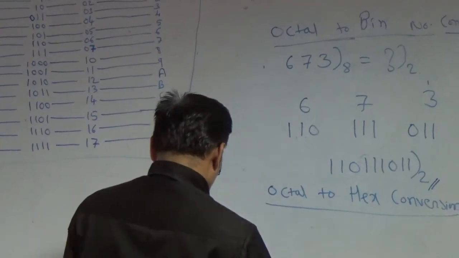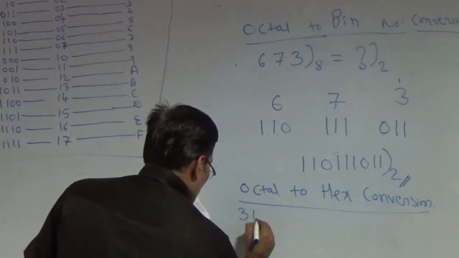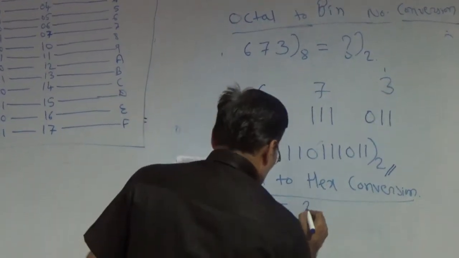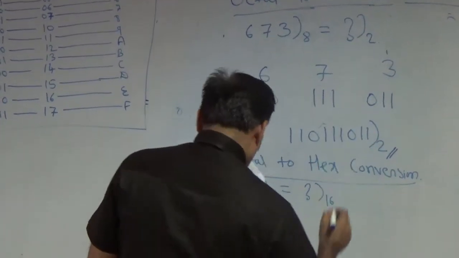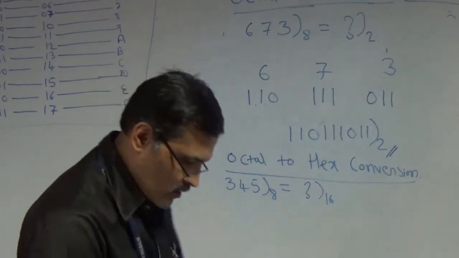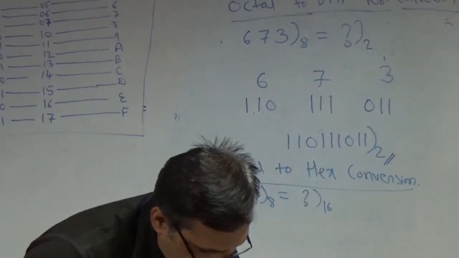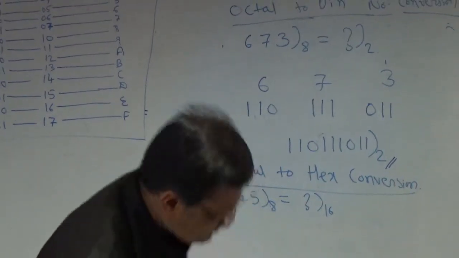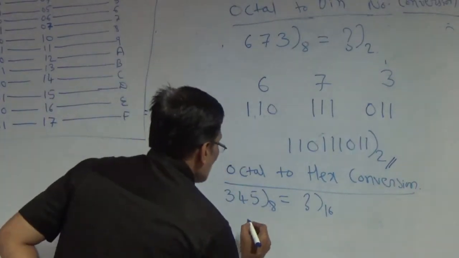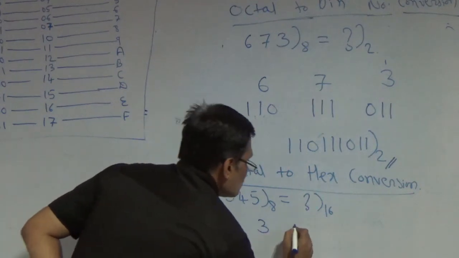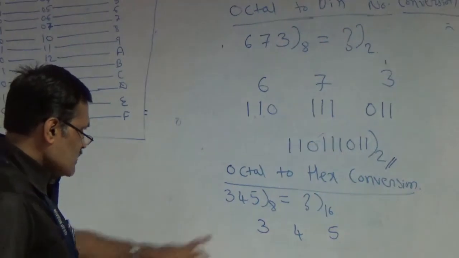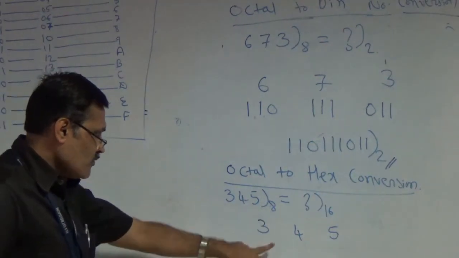You have been given an octal number 345 and you will be asked to convert it to an equivalent hex number. So write down the given number. This is the given number 345, which is in octal.